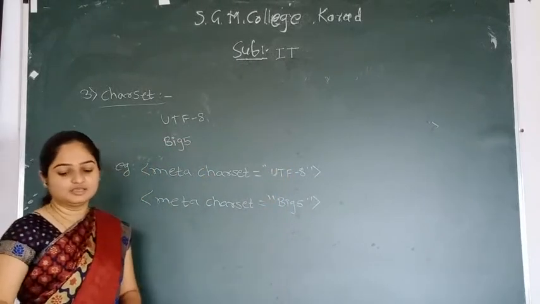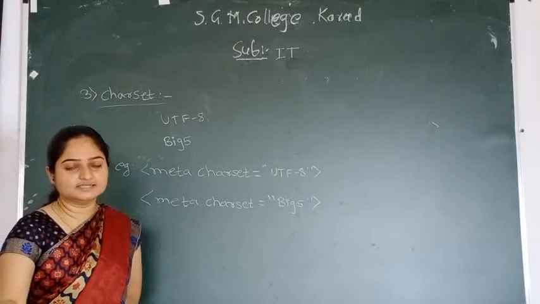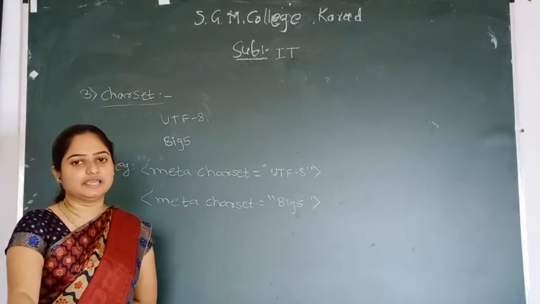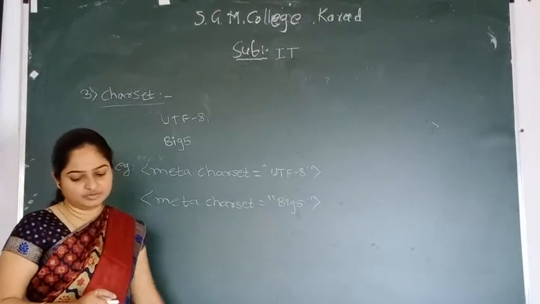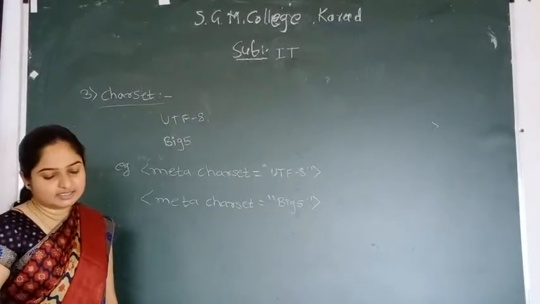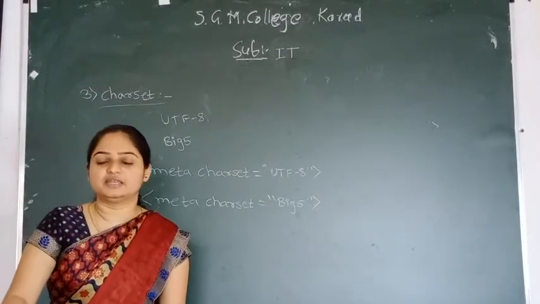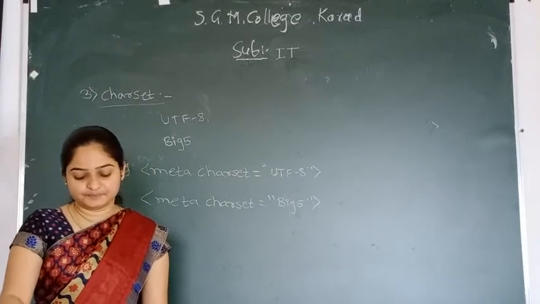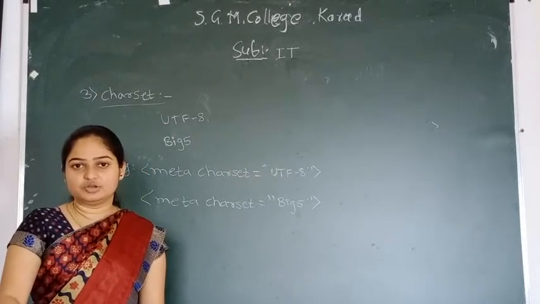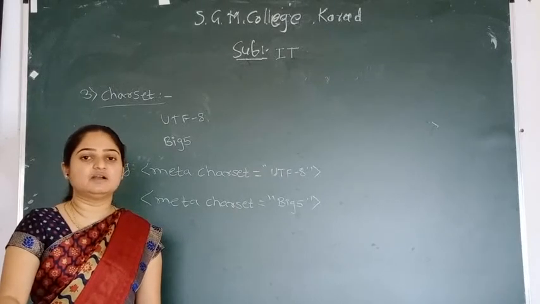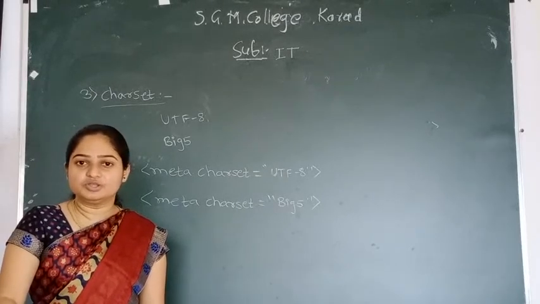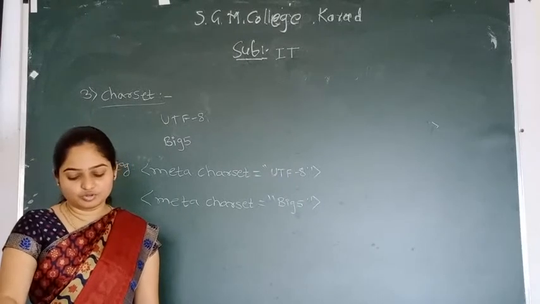The charset attribute of the meta tag specifies the character encoding used by the document.